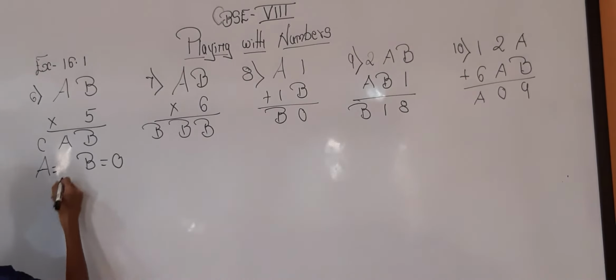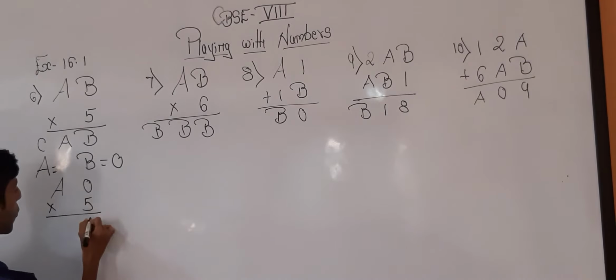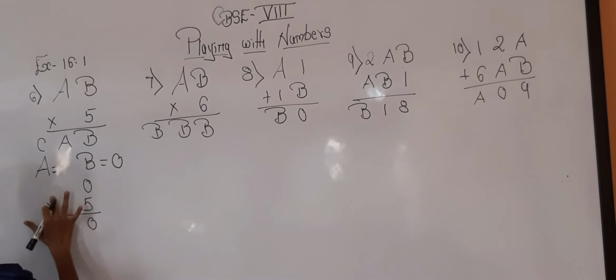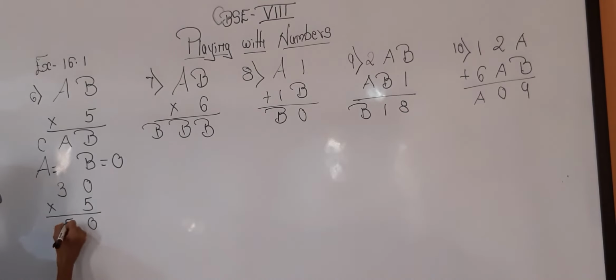So again, if I am writing A 0 multiplied by 5 and over here 0, because 5 0s are 0. Now, what is the value of A over here? If I am taking 1, 1 5s are 5, so the value of A is getting changed. 2 5s are 10. If I am taking the value of A as 3, 3 5s are 15, the value is getting changed.